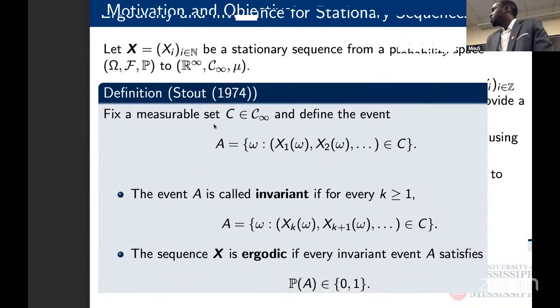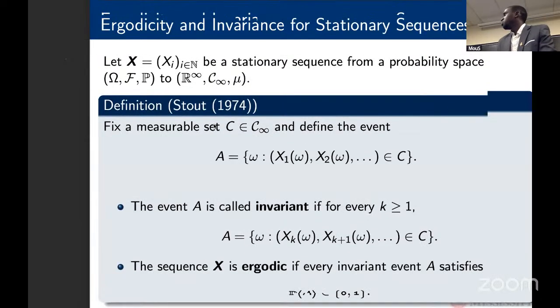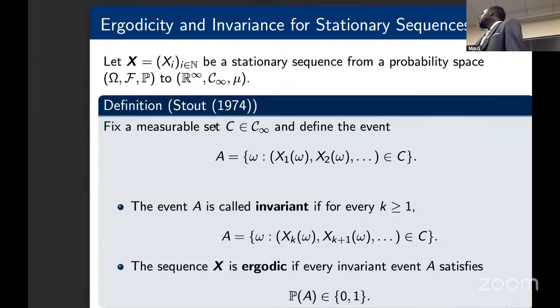Before we state our results, there are a few definitions that we need to present first. The concept of invariant event. The event A here is said to be invariant if the shifted sequence gives the same event A. Shifting the sequence by k does not change the event A. That makes it invariant.